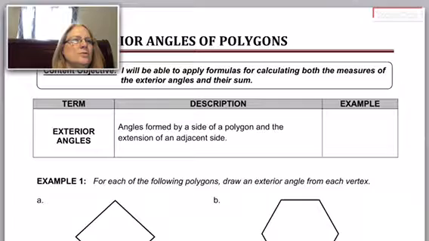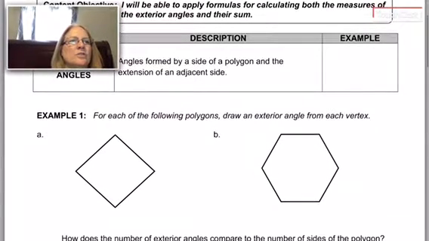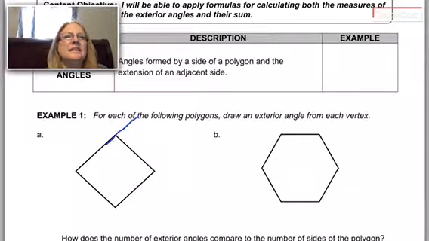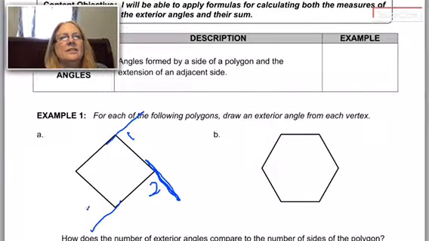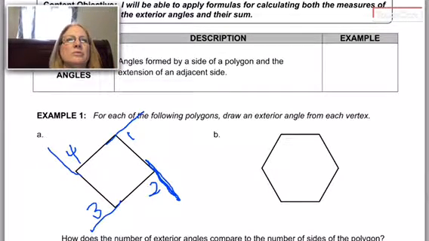Let's look at these two pictures down here and I'll show you an example. If we just extend the side, you create exterior angles. So there's exterior angle 1, 2, 3, and 4.